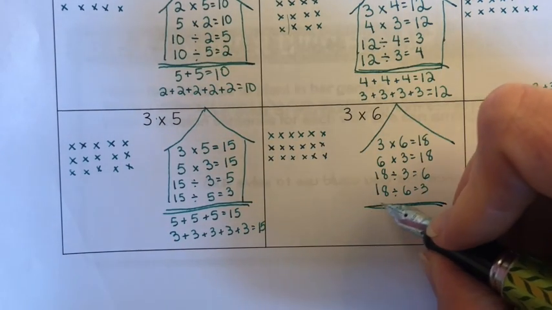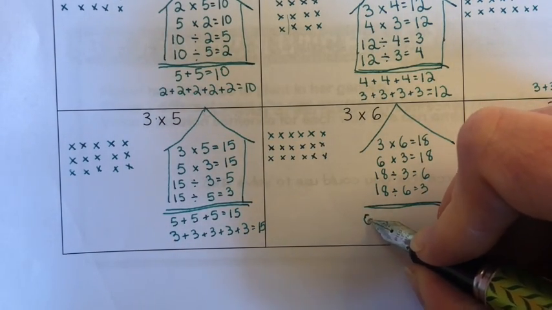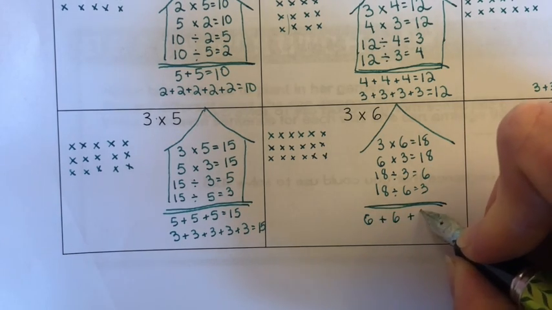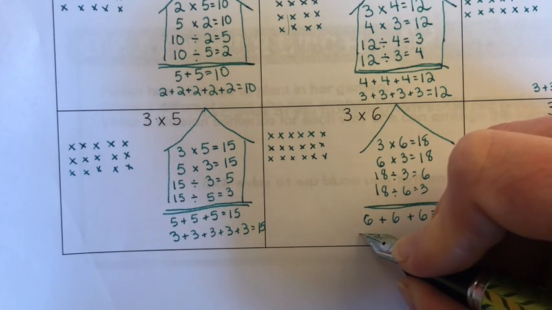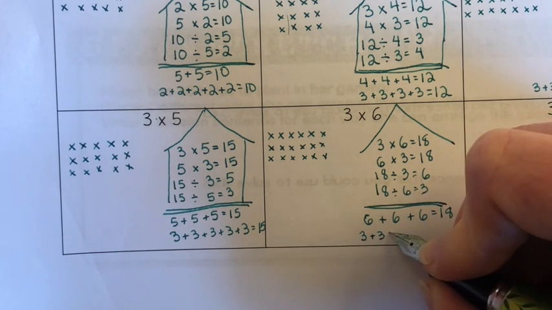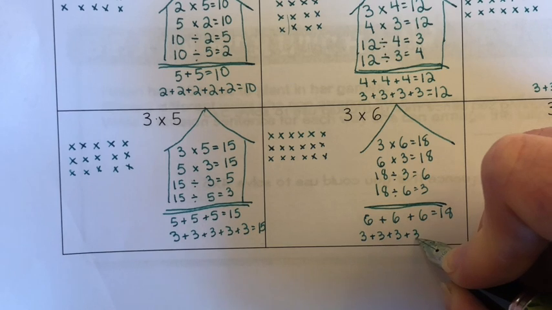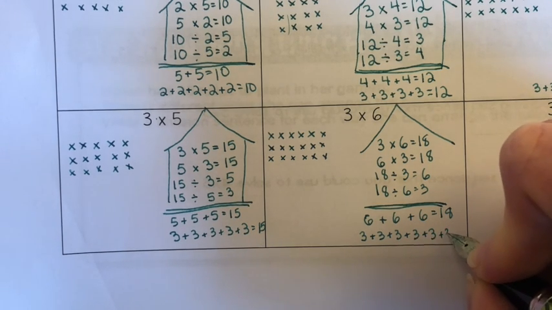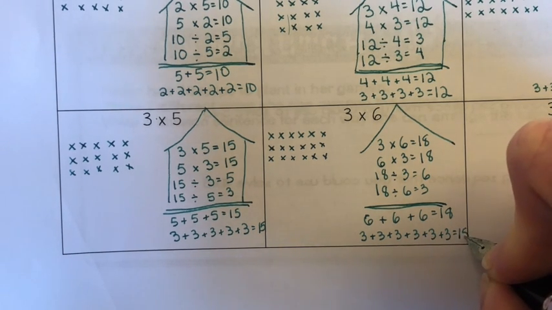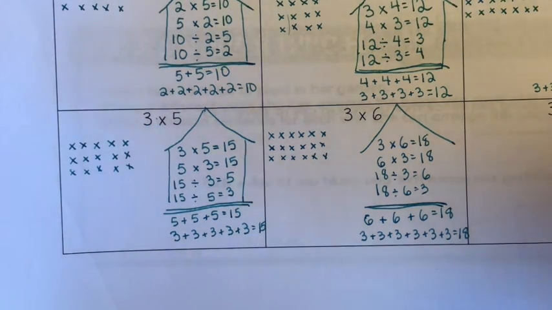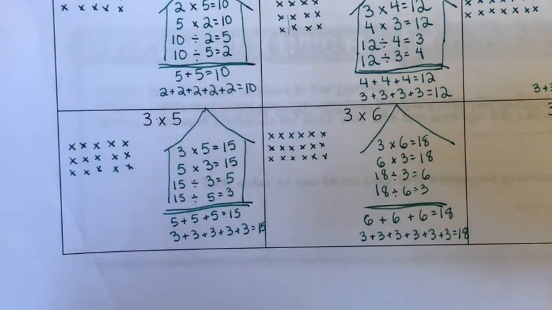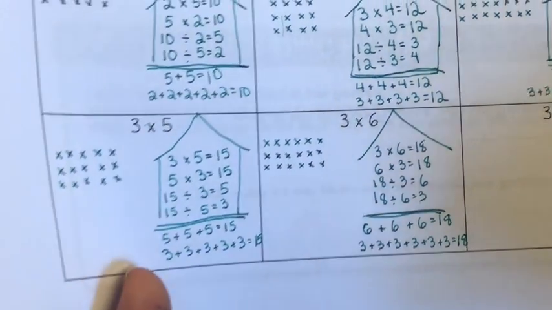So I go 6 plus 6 plus 6 equals 18. And then I have 1, 2, 3, 4, 5, 6 groups of 3 is also 18. And there you go. I've got these 2 here. That's my fact family for 3 times 6.